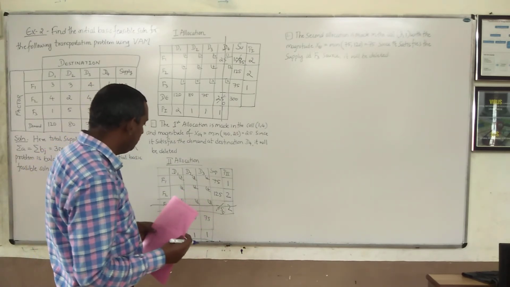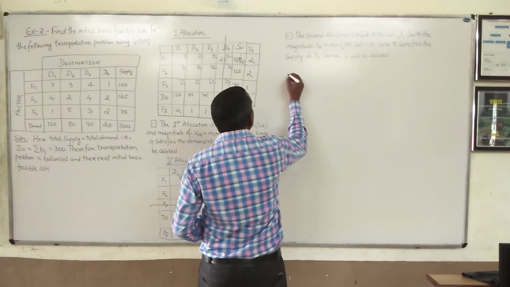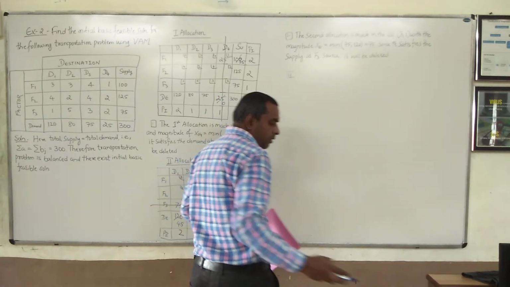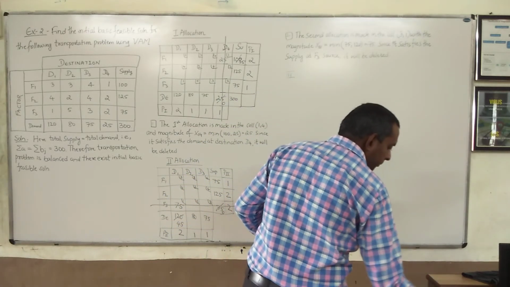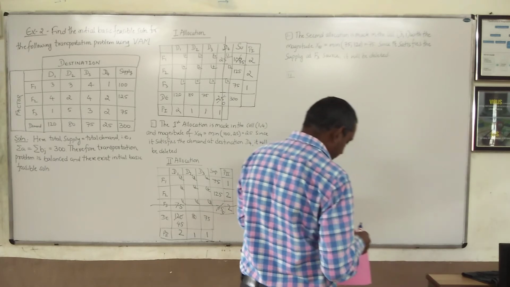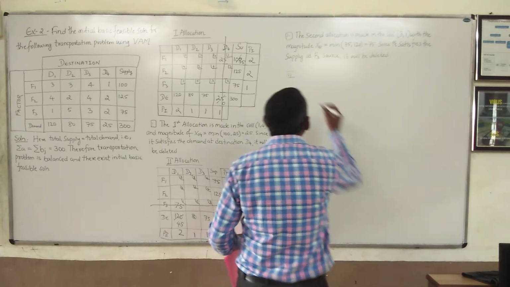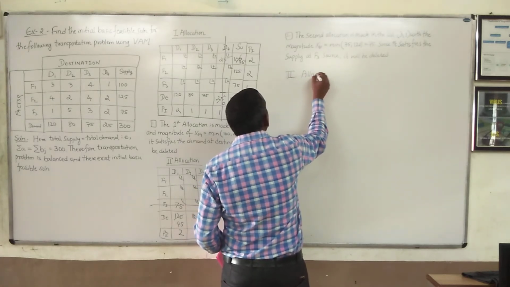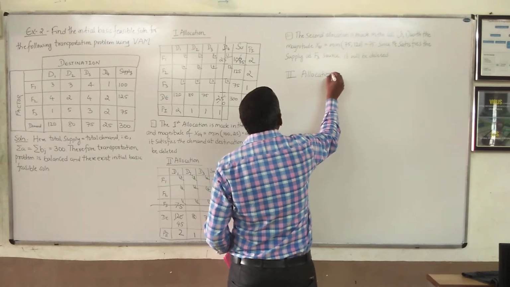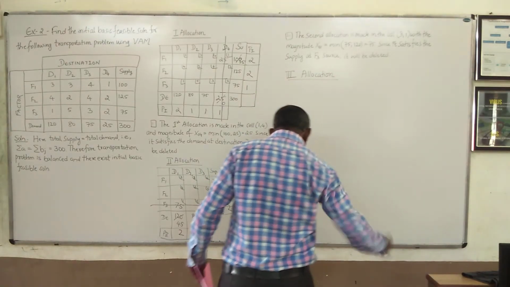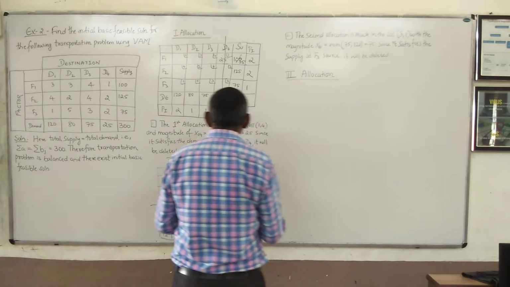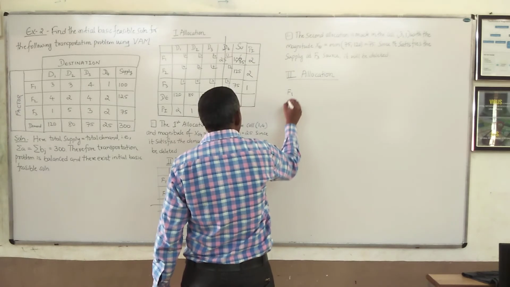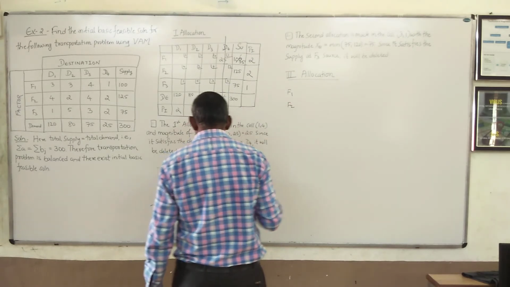So now for the third allocation, what we are supposed to do in the third allocation: F1, only F2 is there.